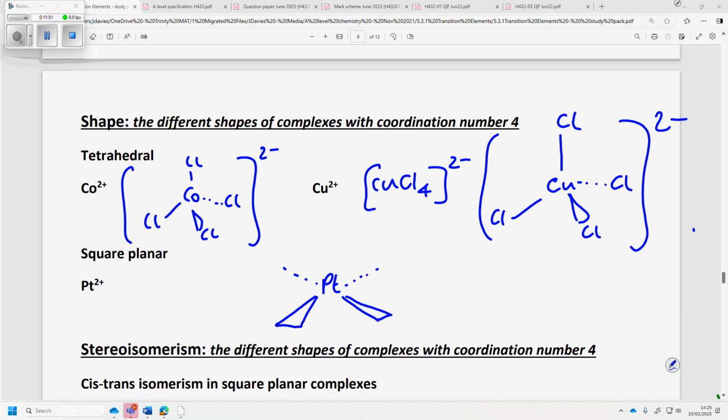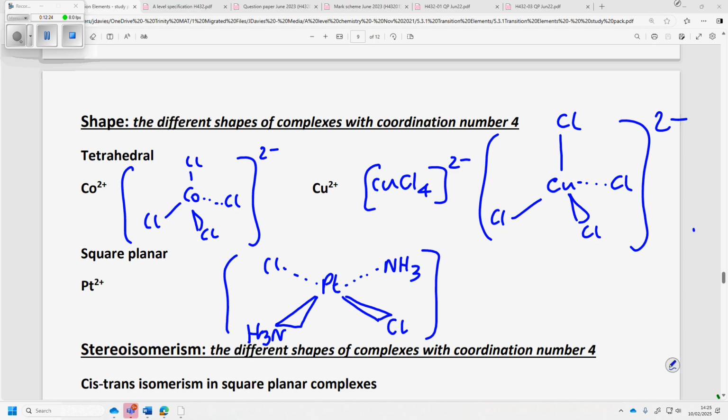The coordination number is still 4. There are 4 dative covalent bonds to the central metal ion. And in this case, as an example, I could put 2 different ligands surrounding the central platinum. 2 ammonias, 2 chlorides. Very, very important complex.